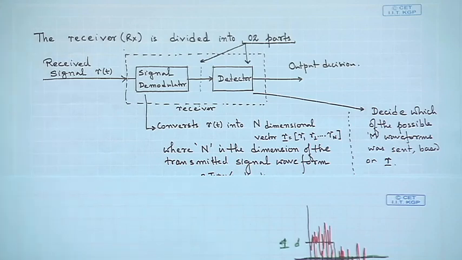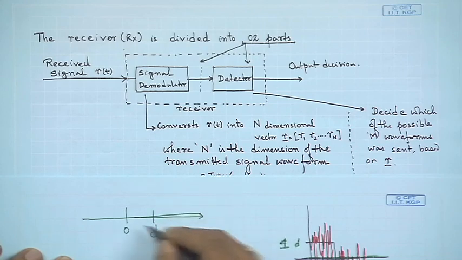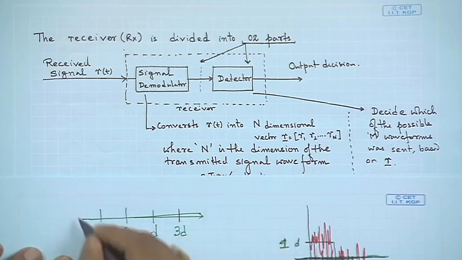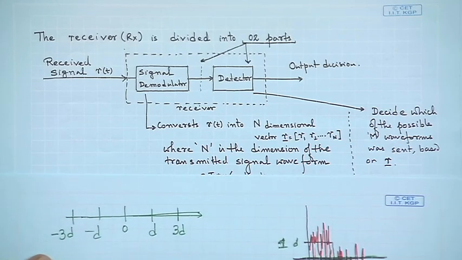If we have a PAM signal, this is 0, you have D and minus D, you may also have 3D and minus 3D. In this case, you have a one dimensional signal space, right.